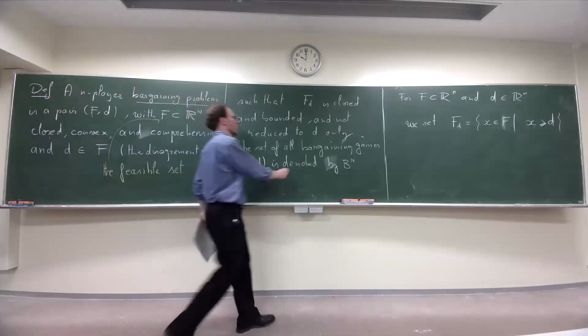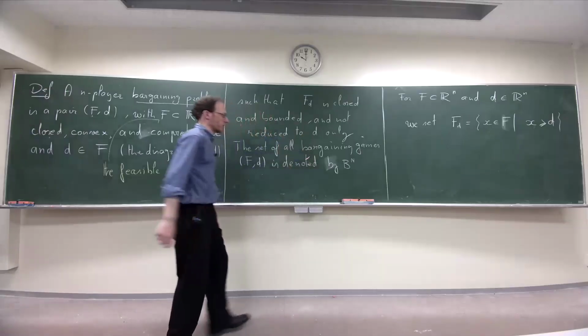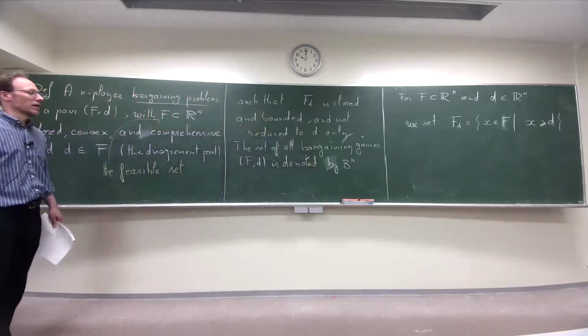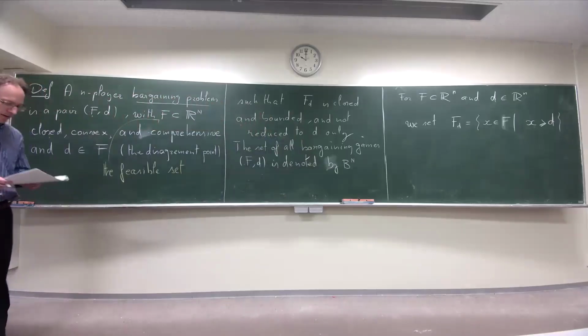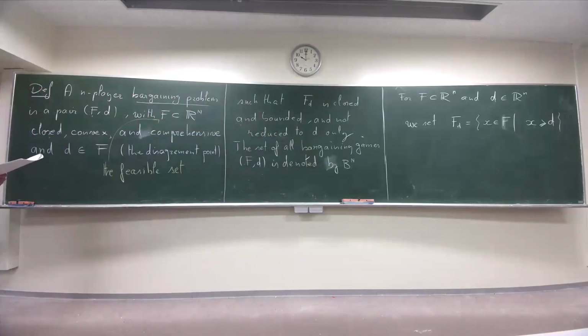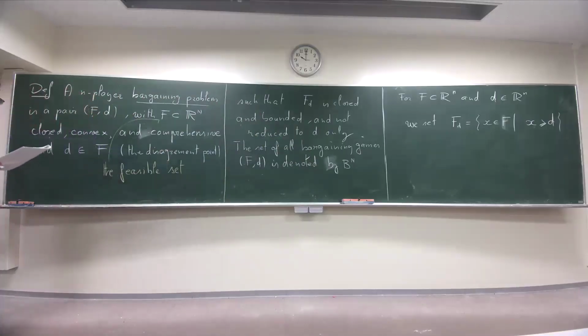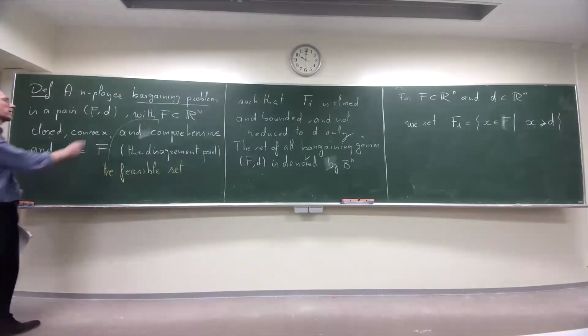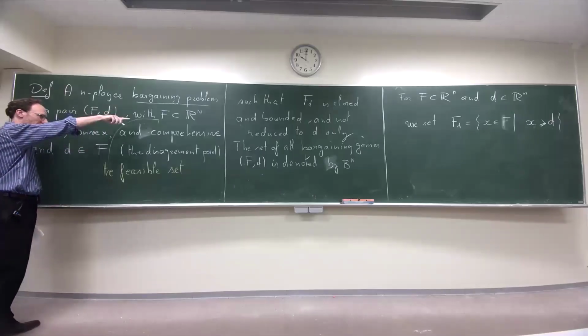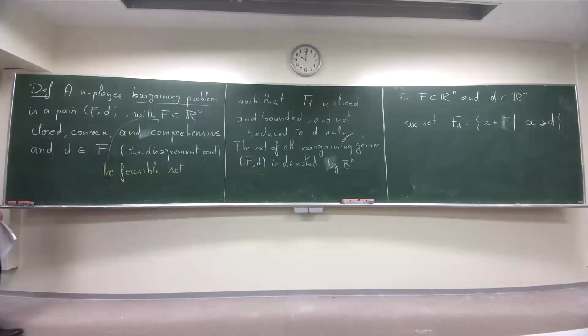So the set of all bargaining games, it's of course a huge set. It's an infinite set, but it's the set of all bargaining, I should say bargaining problems. Probably the same as bargaining game. A bargaining problem is a pair (F, D), F is a convex, closed, and comprehensive subset of Rn, D a point, and such that these conditions are satisfied.